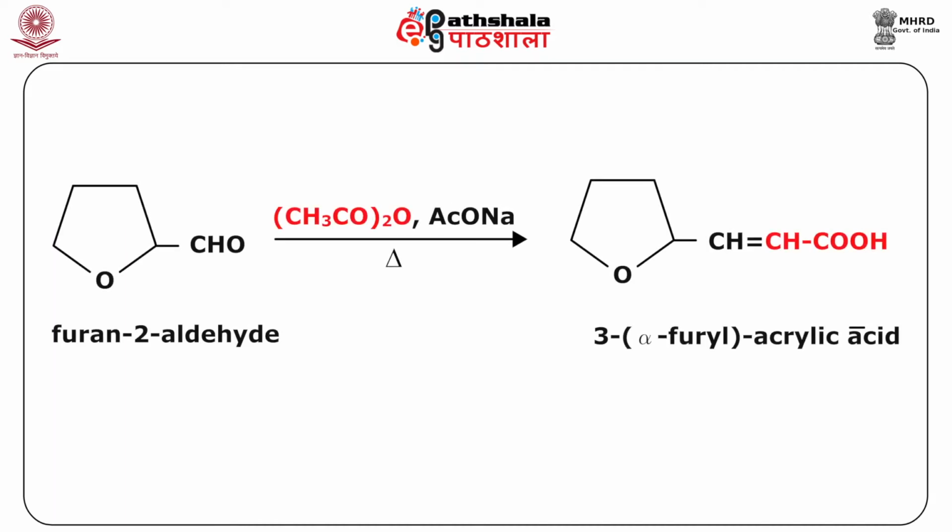Another example if we consider is this furan-2-aldehyde when subjected to Perkin condensation with acetic anhydride in the presence of sodium acetate. What we get is this molecule, which is the substituted, that is a furyl acrylic acid.